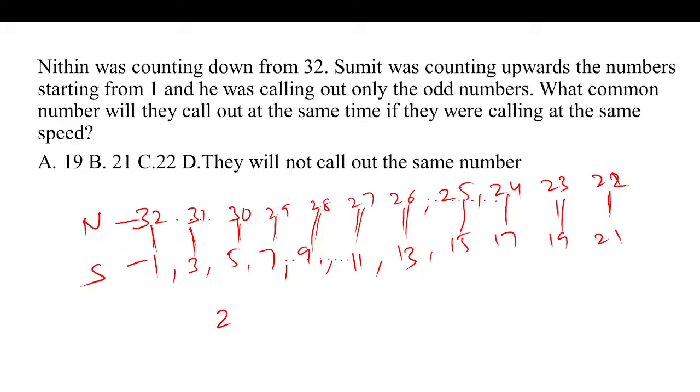Otherwise, you can write also 21, 22, and here it is 23. And next it is 20, 25, and here 19, 27, and here 17, and here it is 18, and here it is 29. So they will never say a common number.